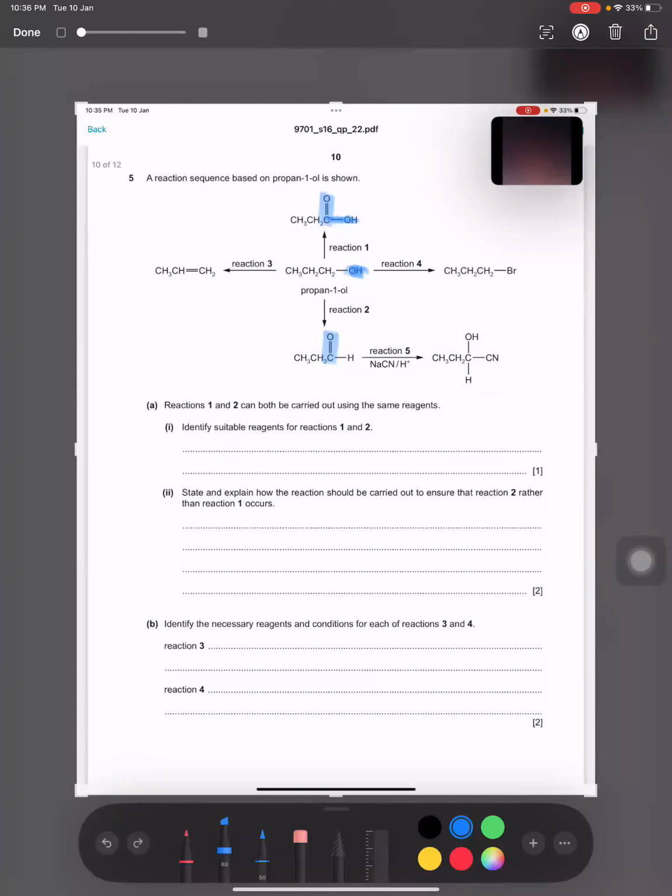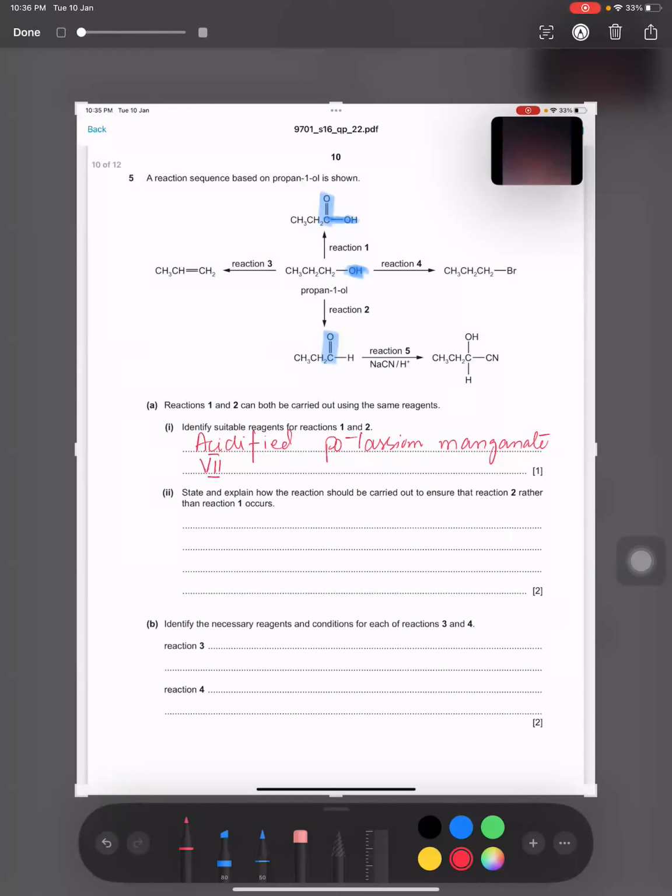So we can say that it is actually acidified potassium manganate. And if you are writing the name acidified potassium manganate, you need to remember that you need to write the oxidation state of manganese over there, which is 7. It's very important. It is acidified potassium manganate(VII), right?